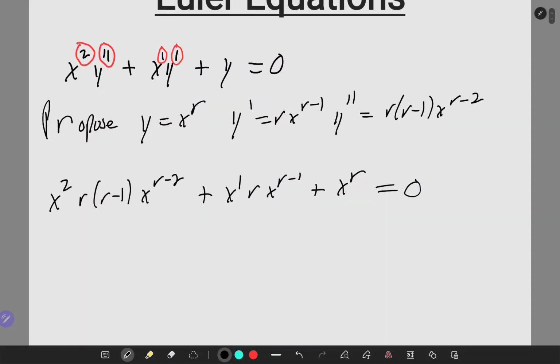This you can simplify. This becomes x to the r times x to the negative 2, plus r x to the r times x to the negative 1, plus x to the r.